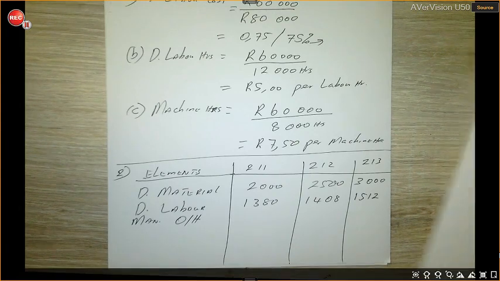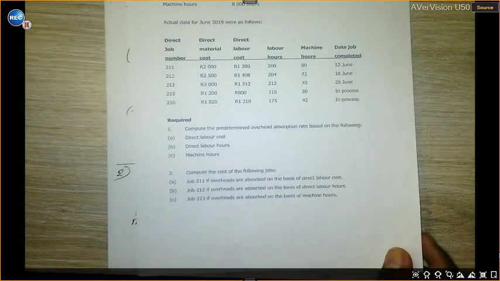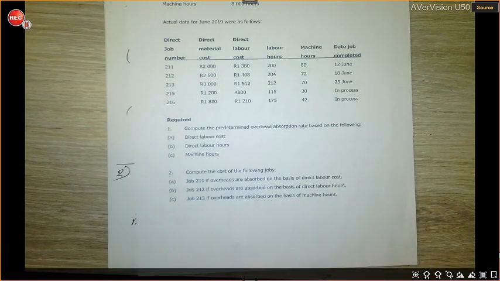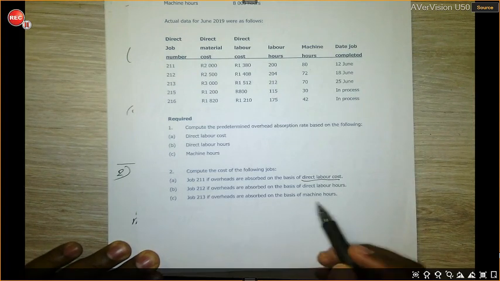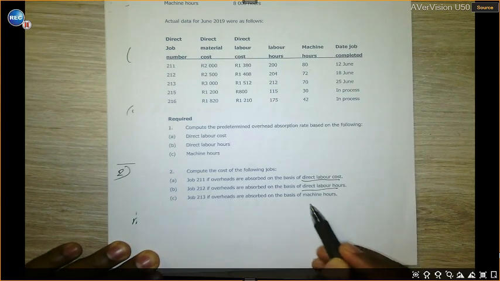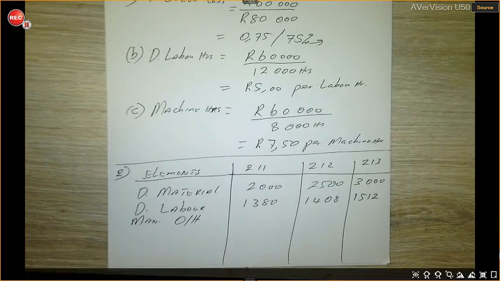In order to work out your manufacturing overheads for job number 211, they say that overheads are absorbed on the basis of direct labor cost for the first job, direct labor hours for the next, and machine hours on the last one. So we are going to make use of those.